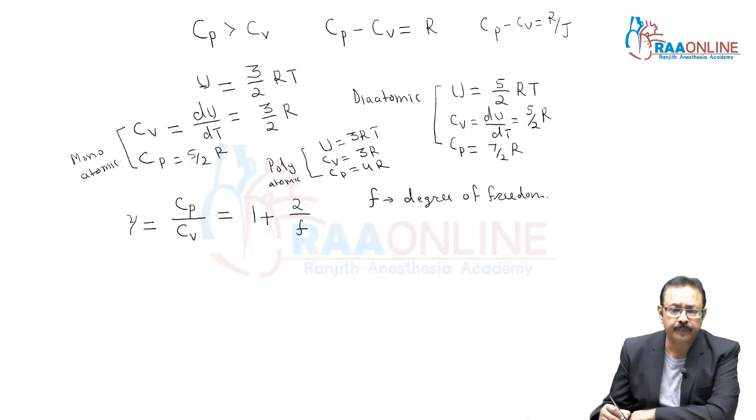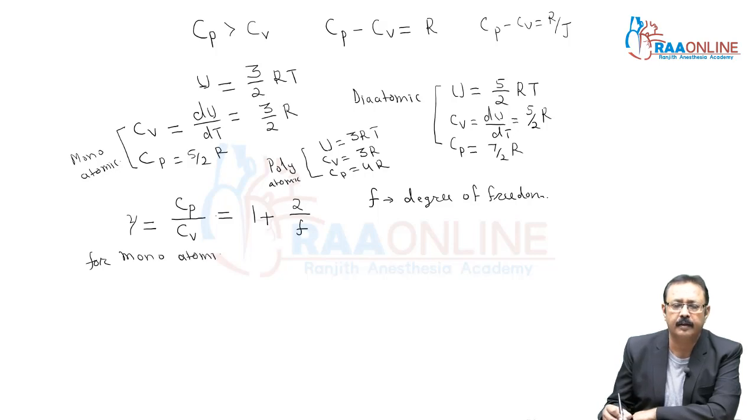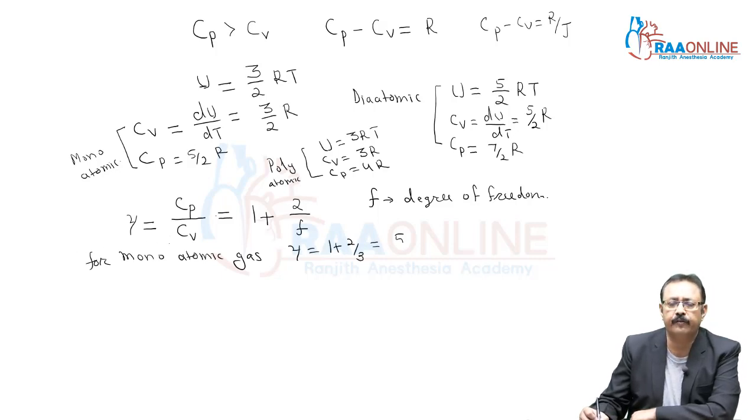So now for monoatomic gas, degree of freedom is 3, so gamma should be 1 plus 2 by 3. It means 5 by 3, or you can say 1.67.